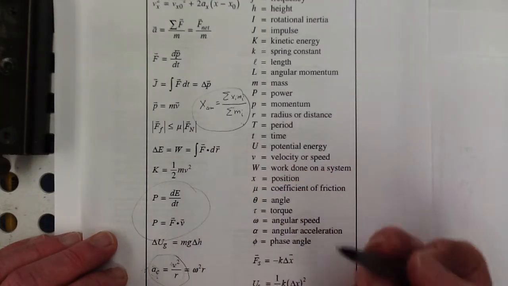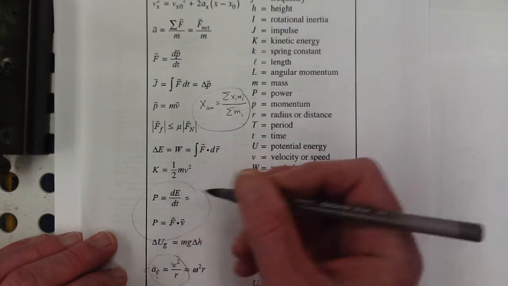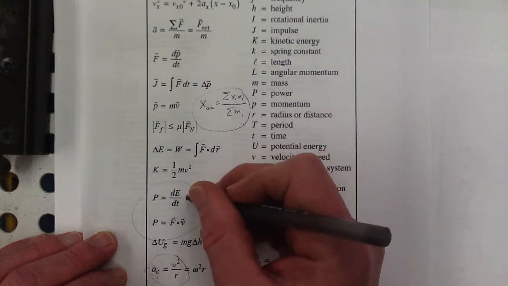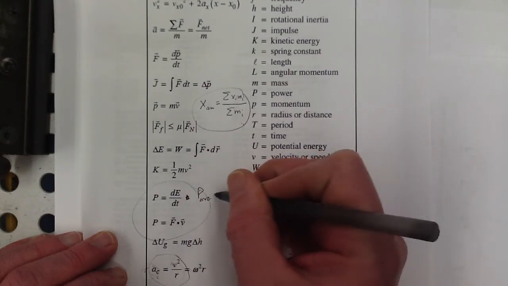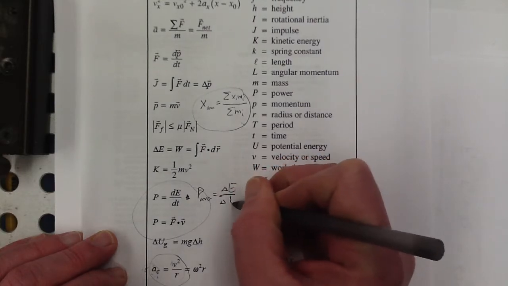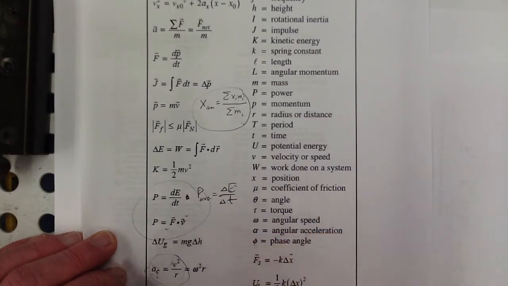Either one of these will work just fine for us. Also, if you want the average power, it's change in energy over change in time.